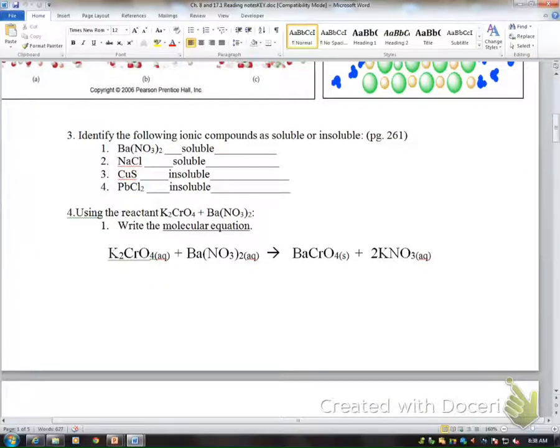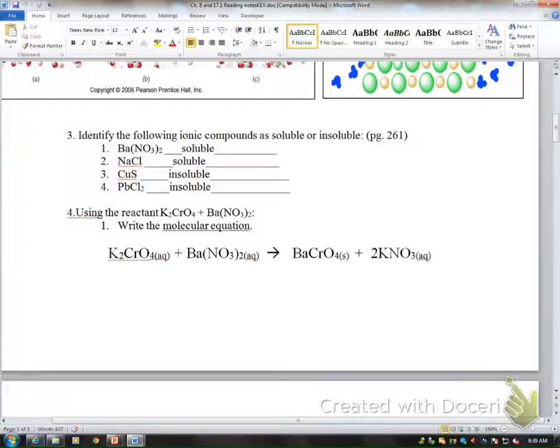Okay, this next part where you are combining your potassium chromate and your barium nitrate. This is something I wanted you to look at just to get an example from in the book. This is a concept we will be covering at the very end of the chapter, possibly even after the test. So the first thing I do want you to know is the definition of a molecular equation. Molecular equations are the types of equations that we have been writing the whole entire time.